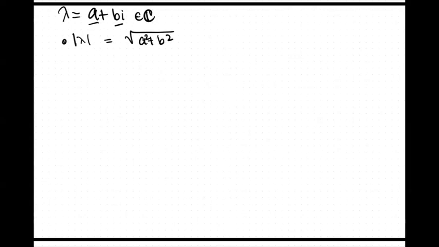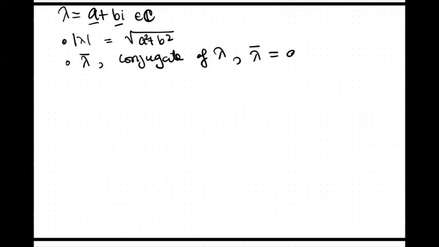And the conjugate of lambda, lambda bar, is just a minus bi, where the sign is replaced with a negative sign.